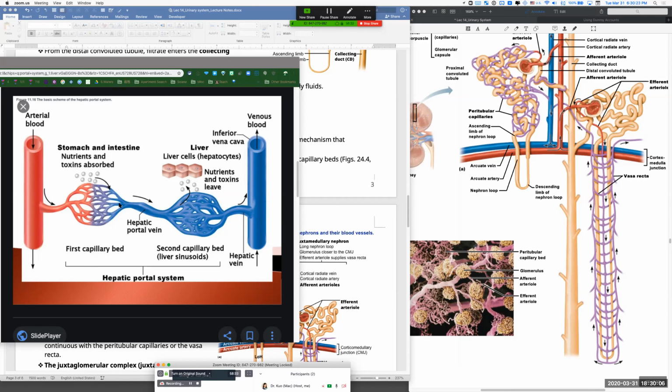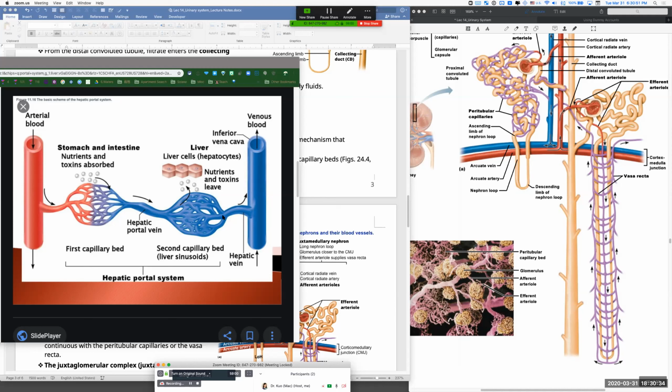Most of the time, each of our organs or tissues gets supplied with a single capillary bed that then drains into the venous side of your blood vessels. It takes the arterial blood that's oxygenated, and in that capillary bed that supplies the tissue, the oxygen gets used up, and then that capillary bed drains into the venous system.